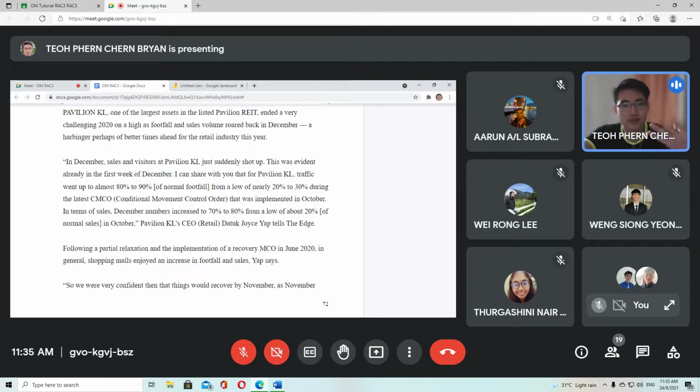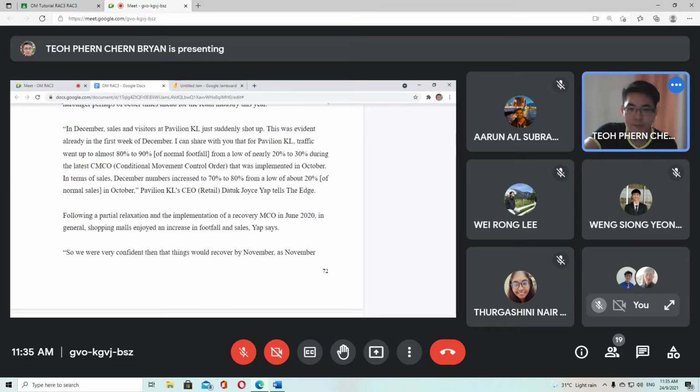The first few months of MCO were very bad for all the shopping malls, very quiet. If you went to shopping malls that time, 80%, 90% of the shops were not open. It was very sad, a very tough time. With CMCO and RMCO, it increased to 70, 80%. So very good.